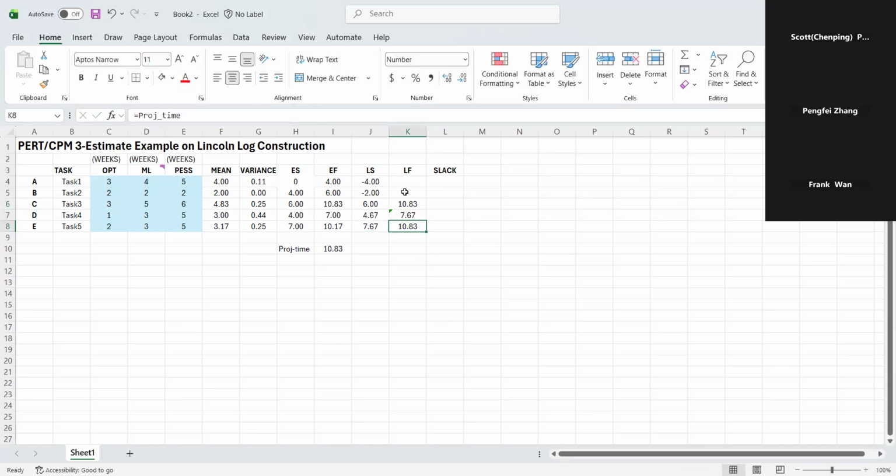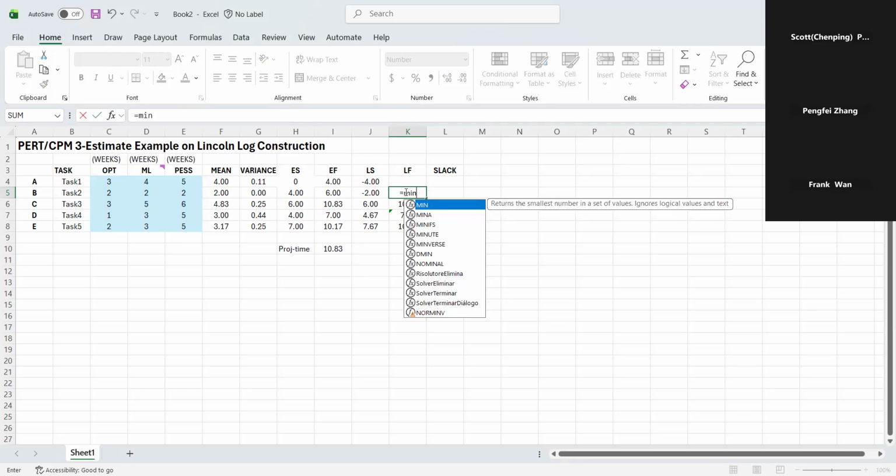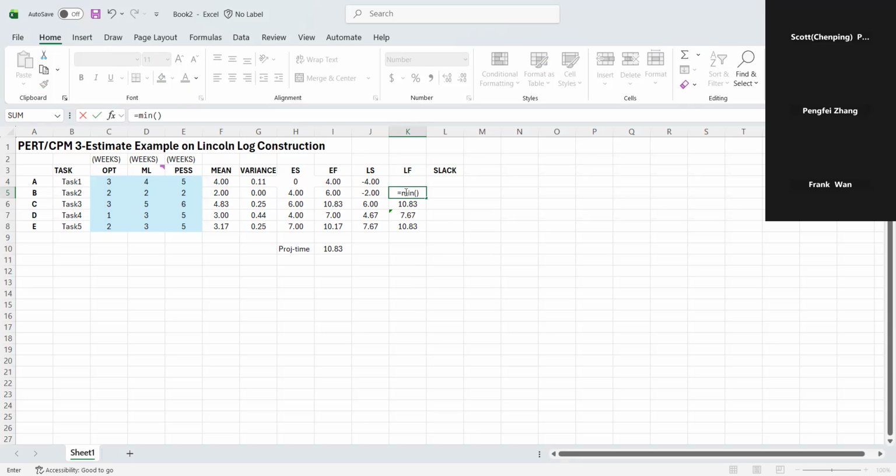And same thing, B is right before C and E, but this is backward pass, so we take the minimum of its successors.